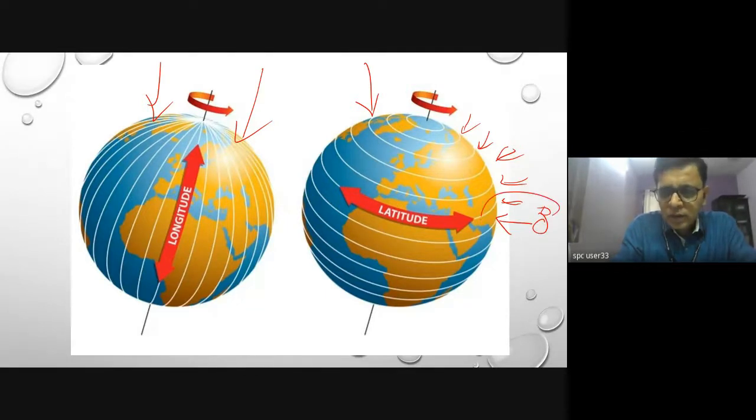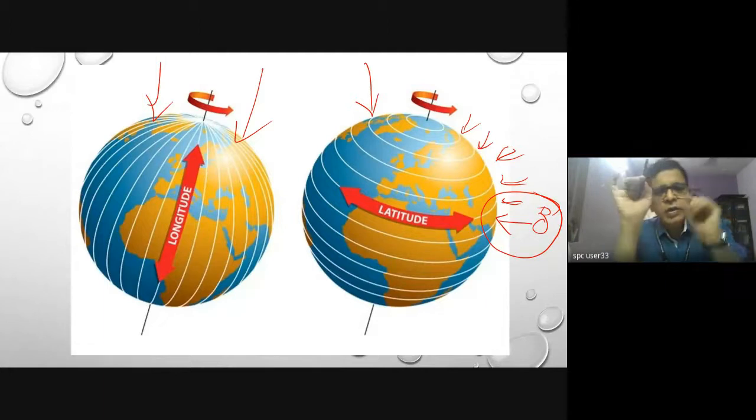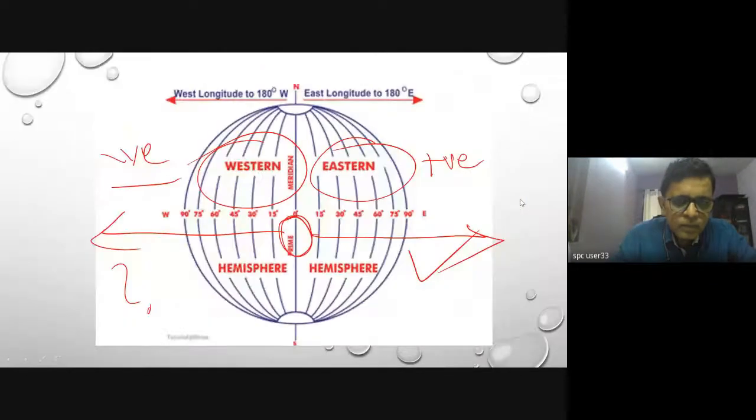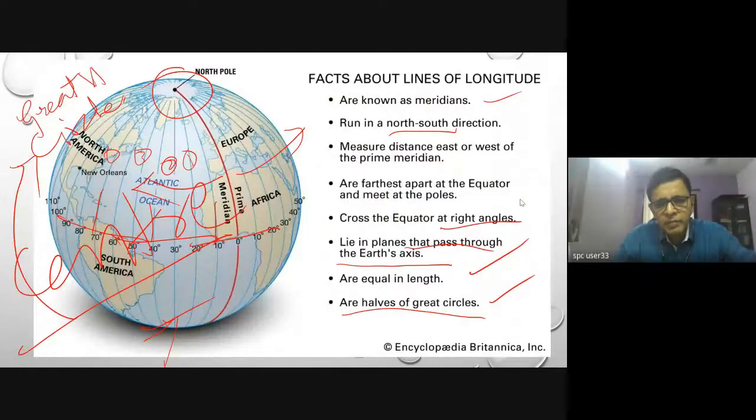So the equator is the only latitudinal great circle, while every longitude is a great circle. Going into the actual length, because the equatorial circumference is maximum, it is called the largest great circle, while all longitudinal great circles are of equal length. Got my point? Or do you want me to explain it again?